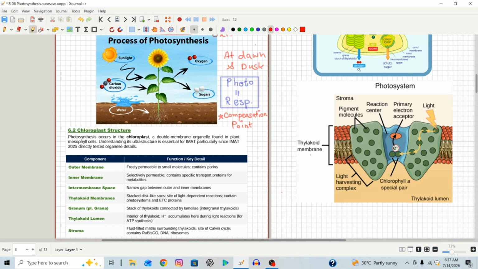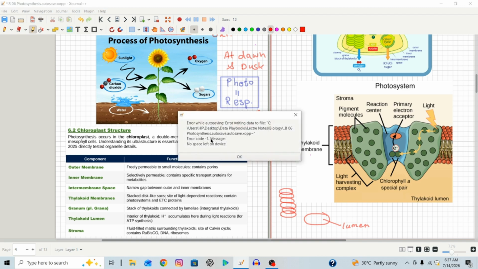This single coin is called a thylakoid, and when you keep stacking thylakoids on each other, you will get a bundle of thylakoids, and this bundle is called grana, right? And if you open up a thylakoid, this is the lumen of the thylakoid, this is the membrane of the thylakoid, and the outside is the stroma.